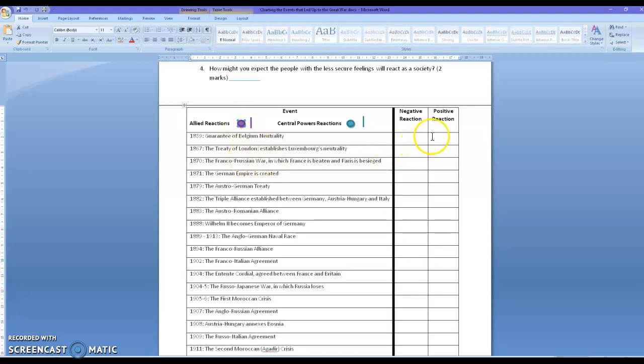So I'm going to copy that. Hang on. I'm going to paste it, and I'm going to put that right there, because that's positive. Now, at the same time, it is negative for the Central Powers.